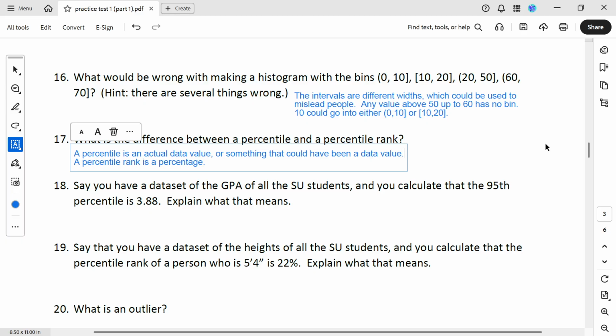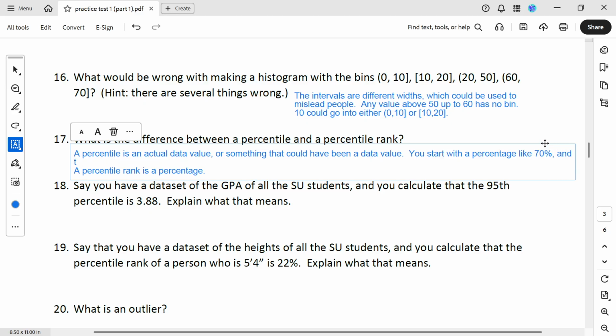Okay, so I'm going to write that as well. So you start with a percentage, like say 70%, and then find which, let me actually put it in terms of percentile. Then the 70th percentile is the data value 70% of the way through the sorted list of values.